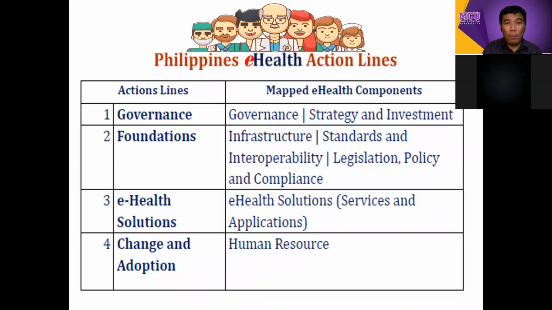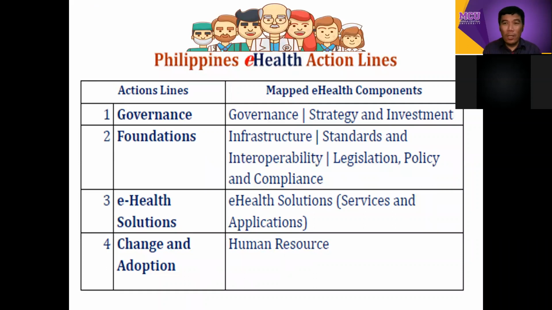So that's why with the action lines, they have set these 4 areas: the e-health governance, the e-health solutions, and the human resource. And I think that ends my discussion. So these are the perspectives or aspects by which it will help us on how to facilitate the e-health vision here in the country.